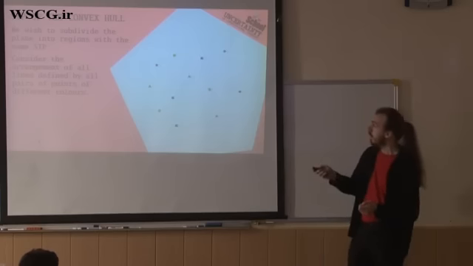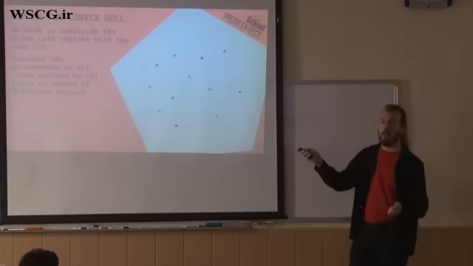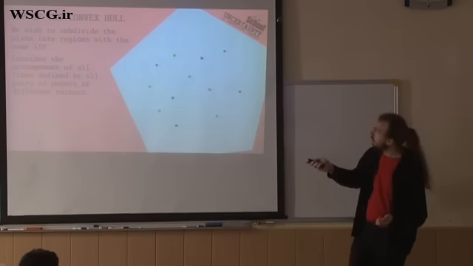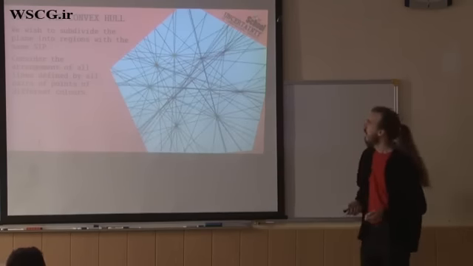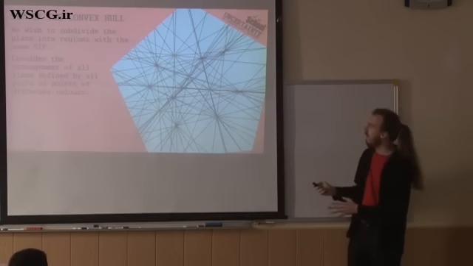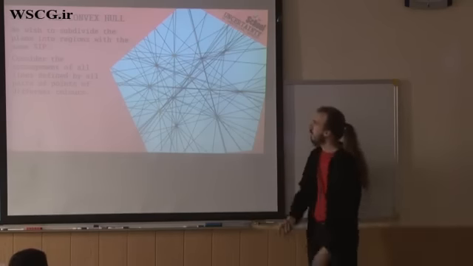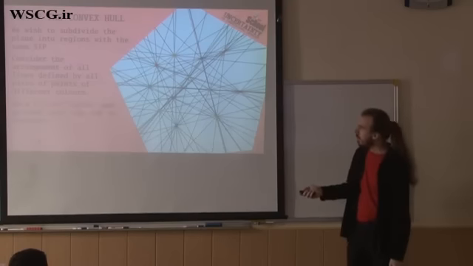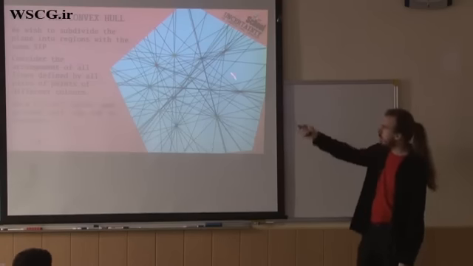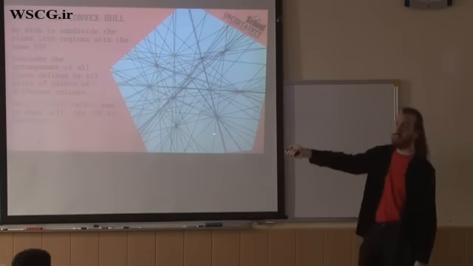Okay? So that's going to look something like this. Like this. Okay. So it's a pretty dense-looking arrangement, but still it only has nk to the fourth cells because there's only nk squared lines.